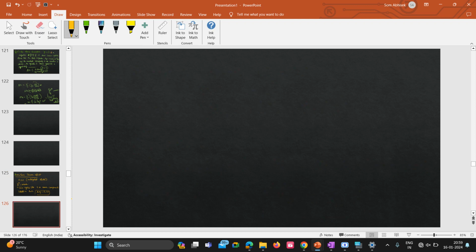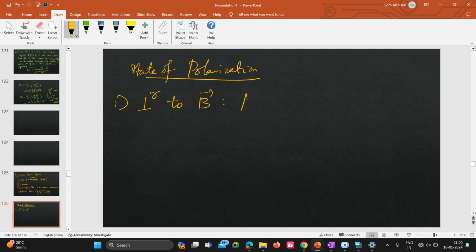Now, what are the states of polarization in this case? So when viewed perpendicular to B, that is plane polarized. Perpendicular to B, plane polarized.